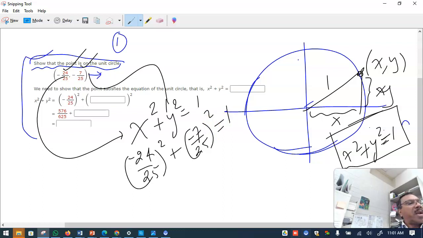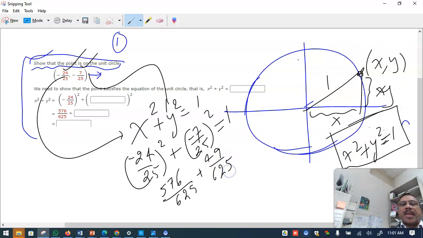So this 24 times 24, we can use the regular calculations, and you get 576, and this is 625, and negative 7 times negative 7 is 49. Now again, this is 625. And then if you add these two, you get 625 divided by 625, which is 1.